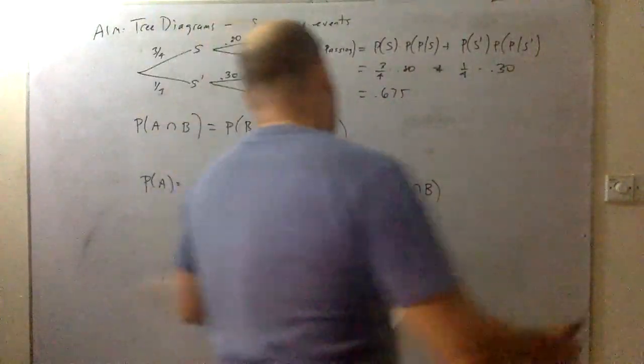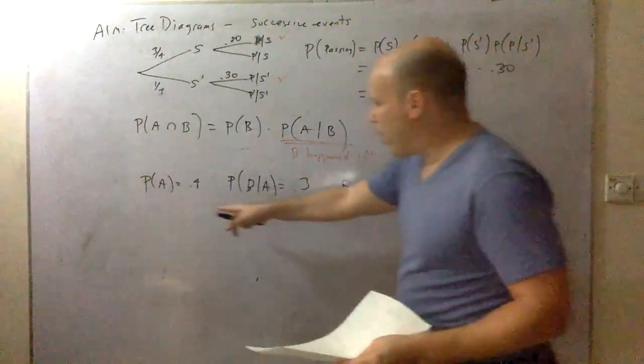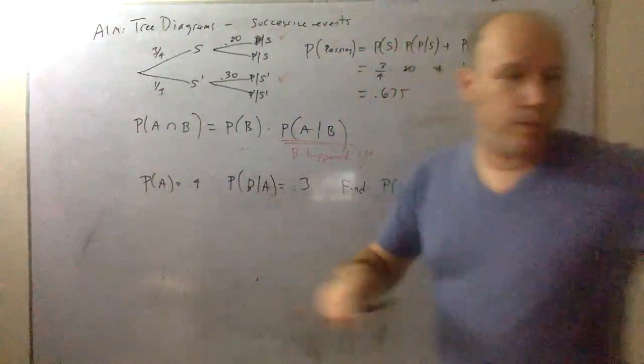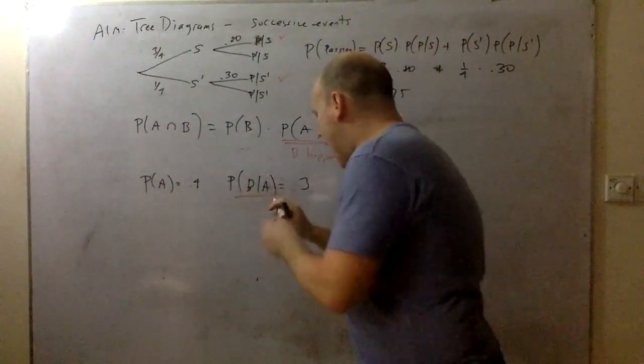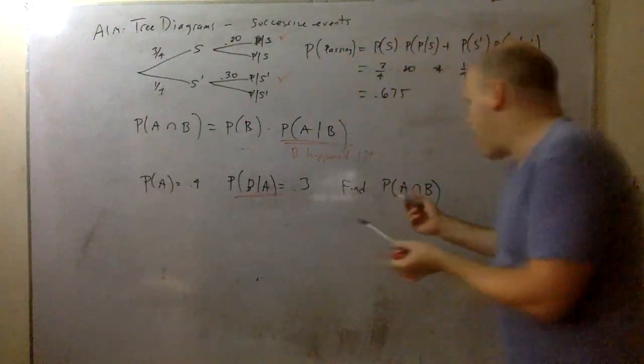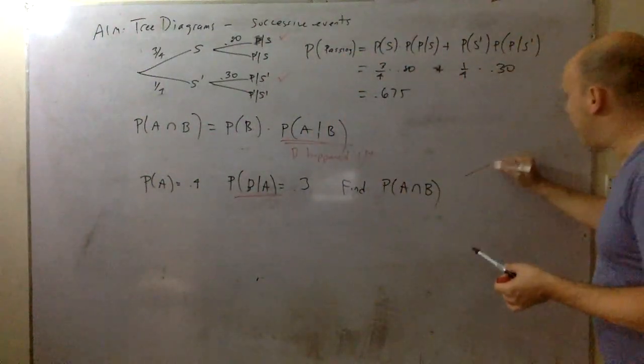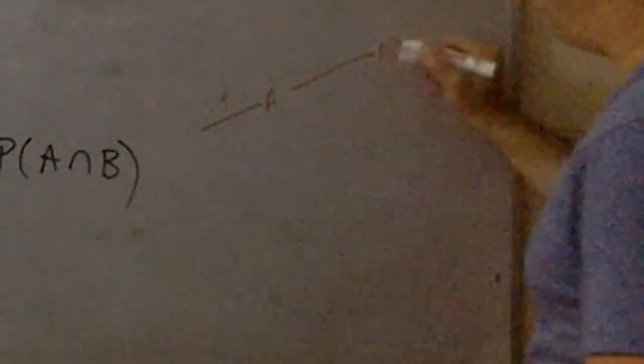You look at this and ask what information we have. We see B given A, so we know that A happened first, and maybe I want to do a tree diagram. The first thing was A, and then B followed A. So this branch is equal to 0.12. That's the probability of A and B.